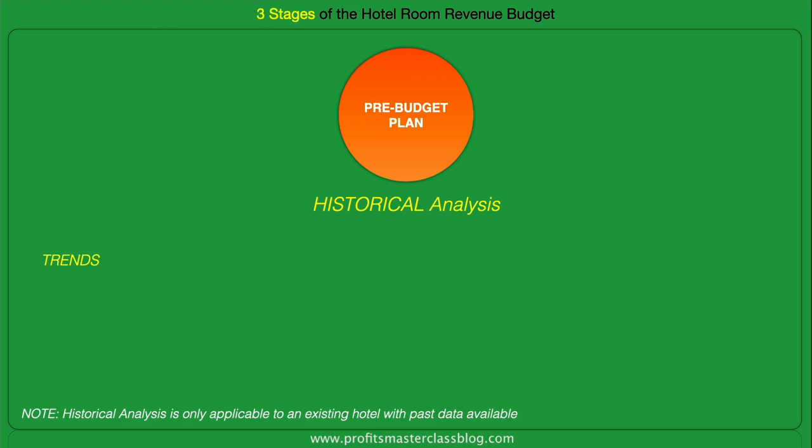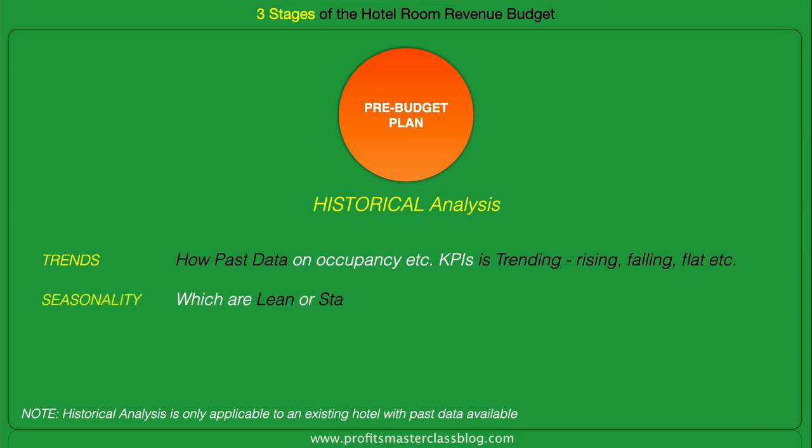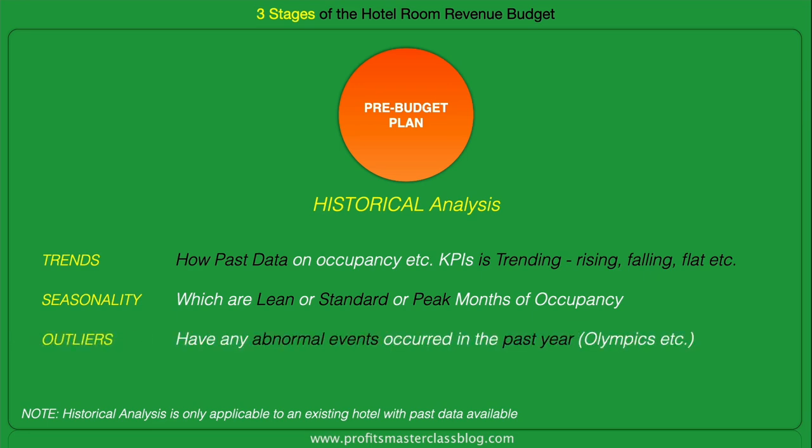Trends tell you how a KPI is moving in terms of whether it's rising or falling or remains flat. Then comes seasonality. The hotel is a seasonal industry, and so which are the lean, standard, or peak months of occupancy? Then come the outliers, the abnormal events that occur, like for example, the Olympics, which happens once in 4 years.